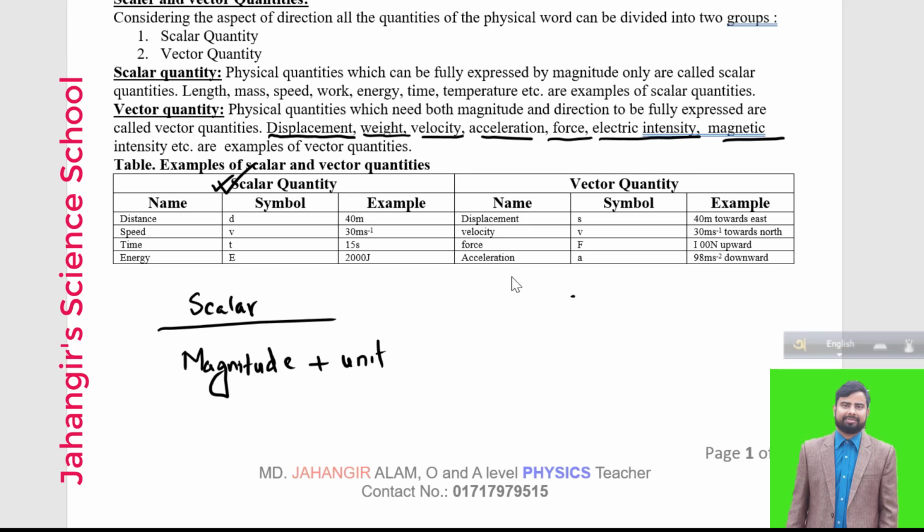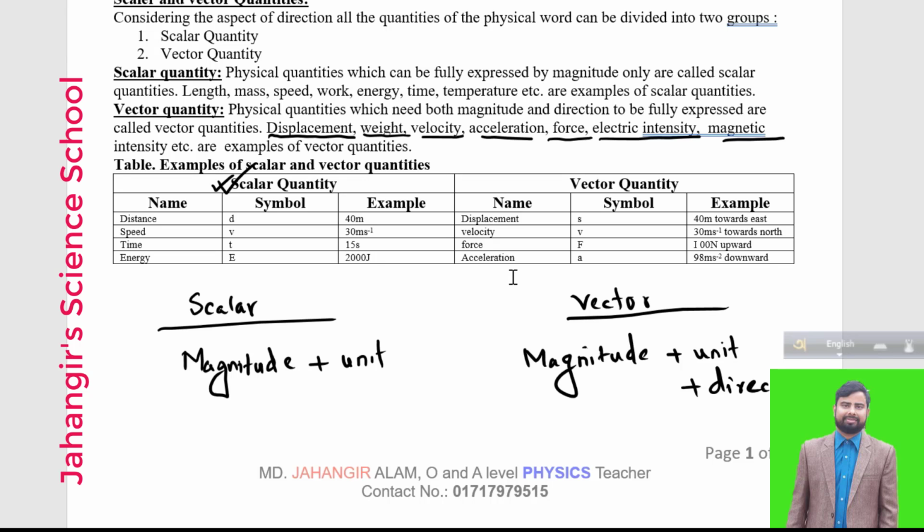But to express a vector quantity we need magnitude plus unit and direction. So remember this one. Mainly a vector quantity has both magnitude and direction. Clear?